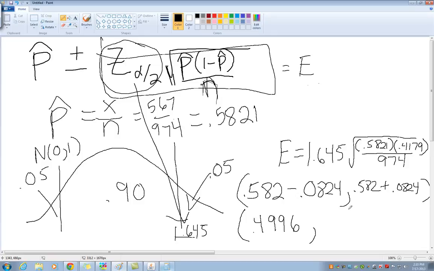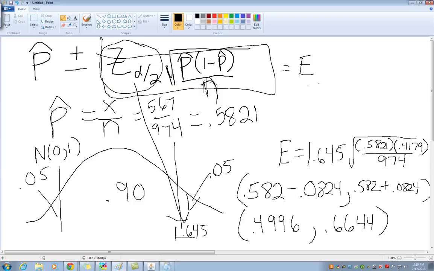The high end is 0.6644, just adding those two. So that's where we believe the percentage is, in between 0.4996 and 0.6644.